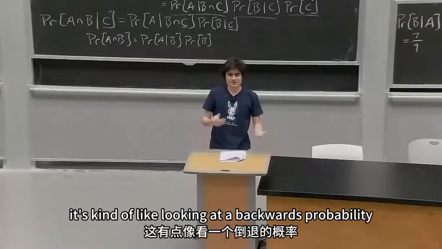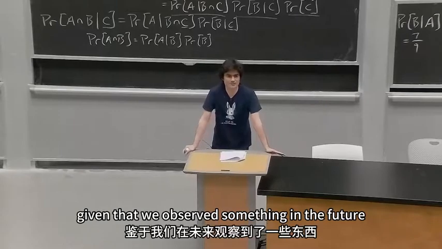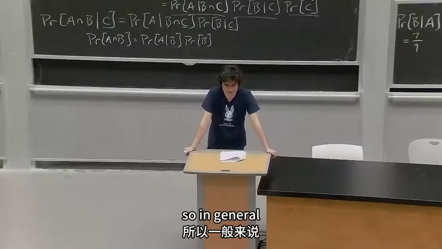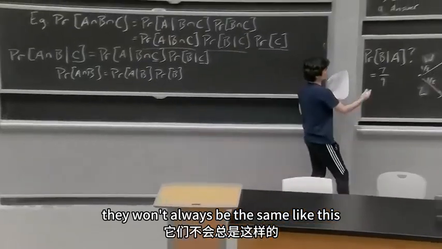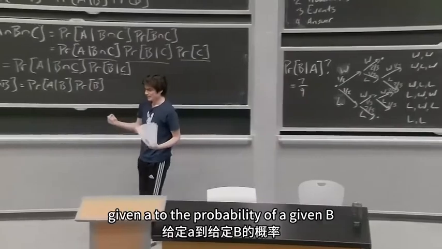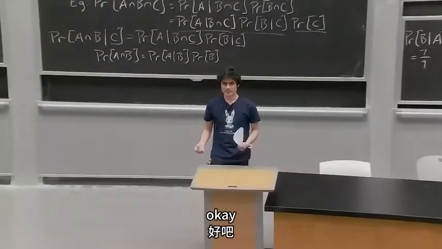So in a sense, it's kind of like looking at a backwards probability, that something in the past has happened given that we observed something in the future. So, in general, they won't always be the same like this. You can relate the probability of B given A to the probability of A given B. They won't always be equal. Okay?